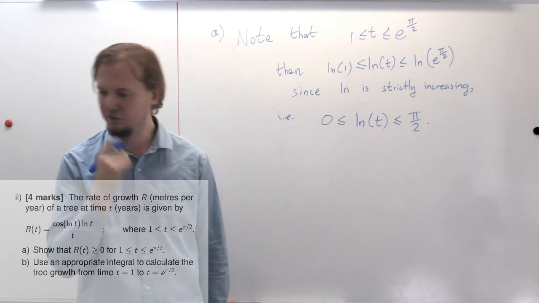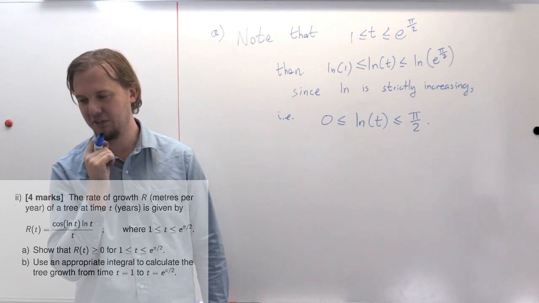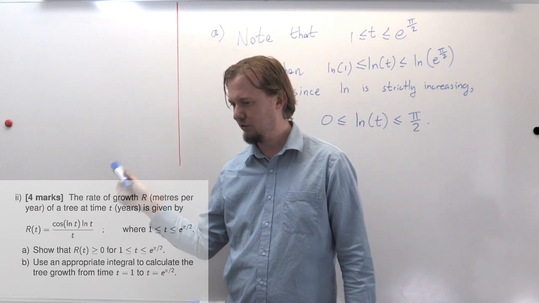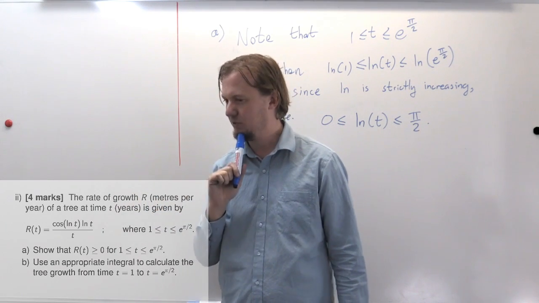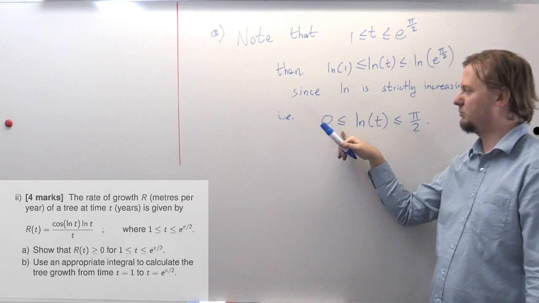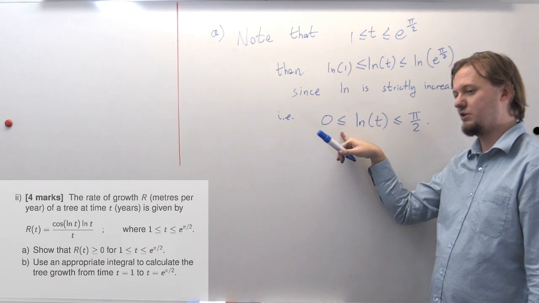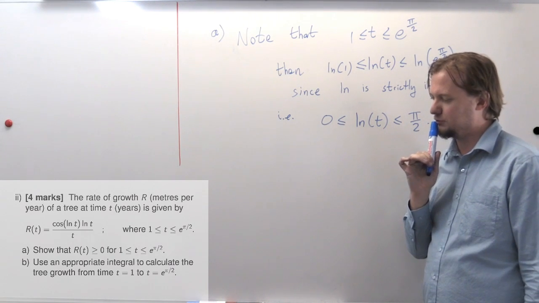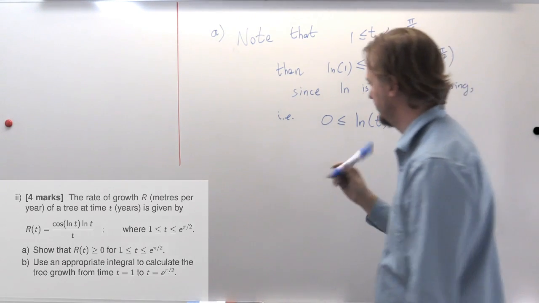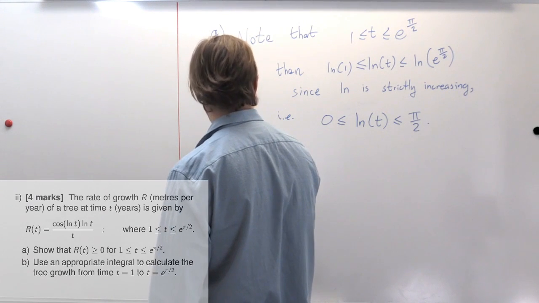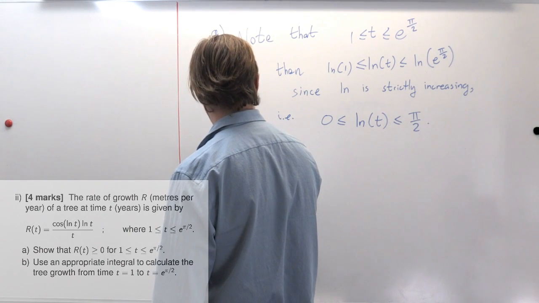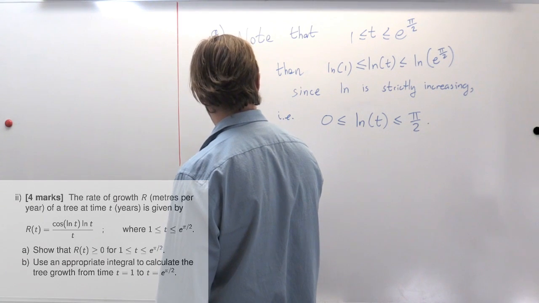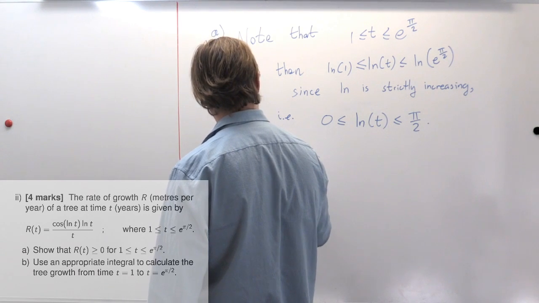That's helpful because what's really troubling me in this equation is that cosine term. Because as long as t is greater than 1, log will be positive, or non-negative. Now what I really need to worry about is whether that cosine term is going to be negative.